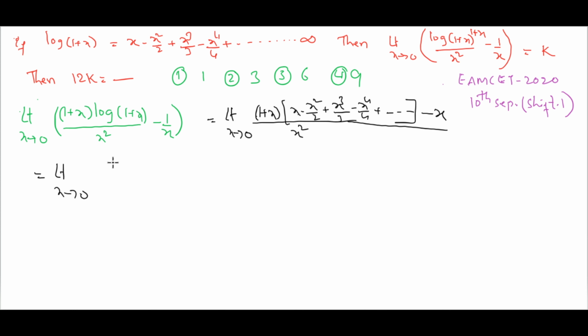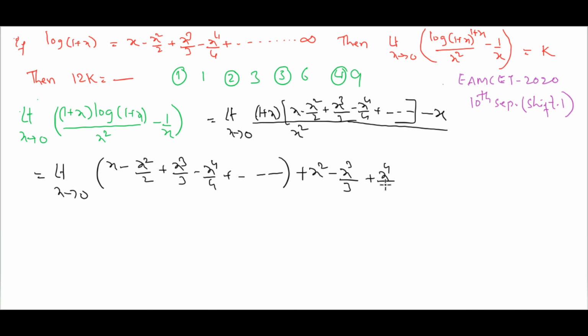So 1 into x is x, minus 1 into x square by 2, that is x square by 2, plus x cube by 3 minus x power 4 by 4 plus up to so on. Then x into x is x square, x into minus x square by 2 is minus x cube by 2, plus x to the power of 4 by 3, minus x to the power of 5 by 4 plus up to so on.